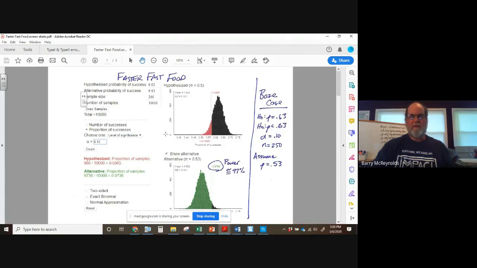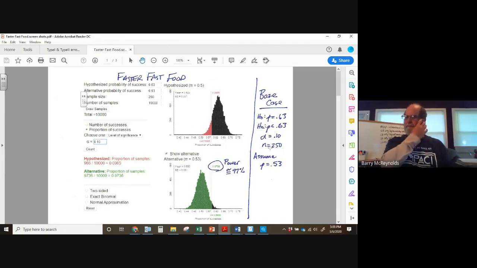This is a PDF. And this was the base case where the null hypothesis P was equal to 0.63, the alternate less than 0.63 at a significance level of alpha equals 10%, and we had 250 samples that we checked.